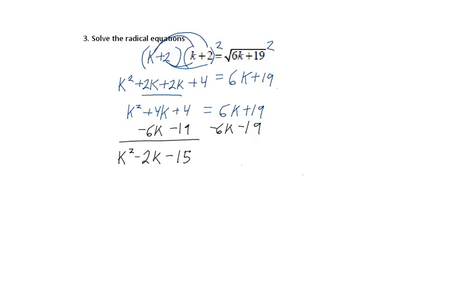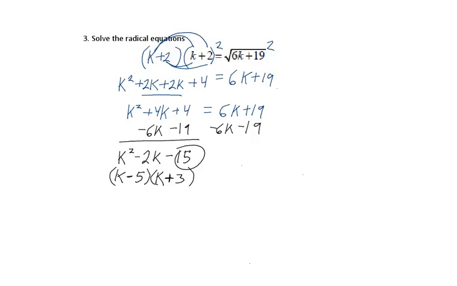This will factor. k squared becomes k and k. And two numbers that make 15 that I like is 5 and 3. In fact, I like negative 5 and positive 3. Why? Because negative 5 plus 3 equals negative 2, the middle number.